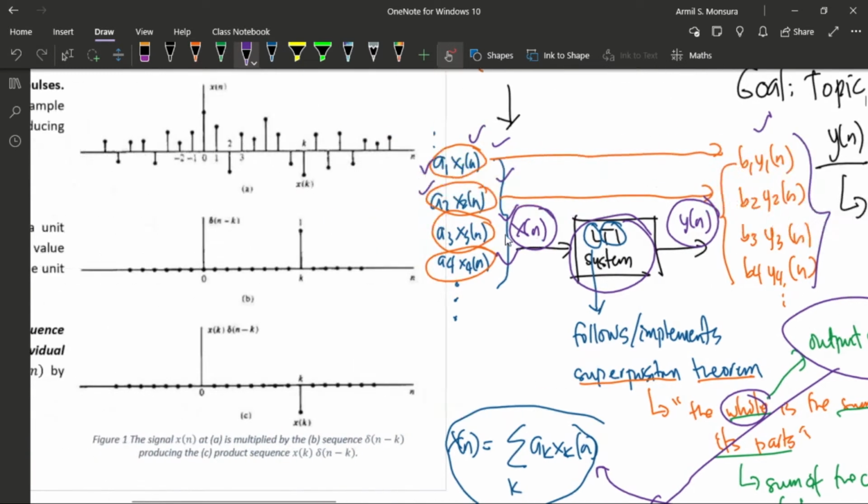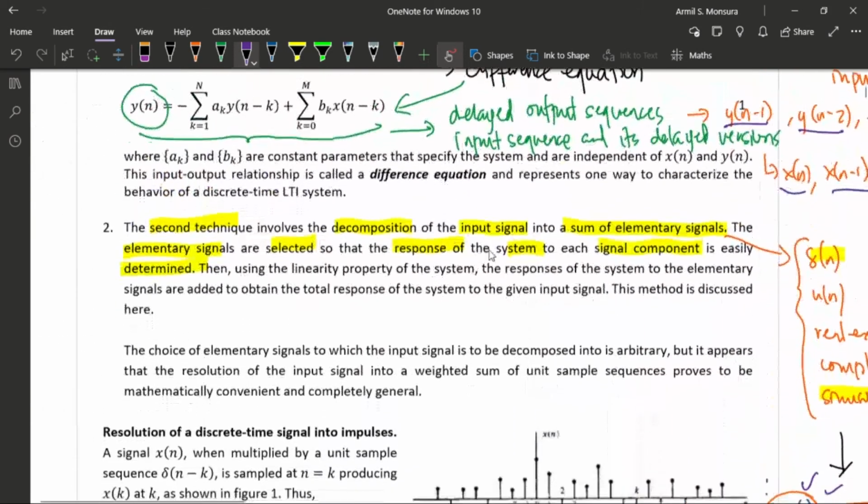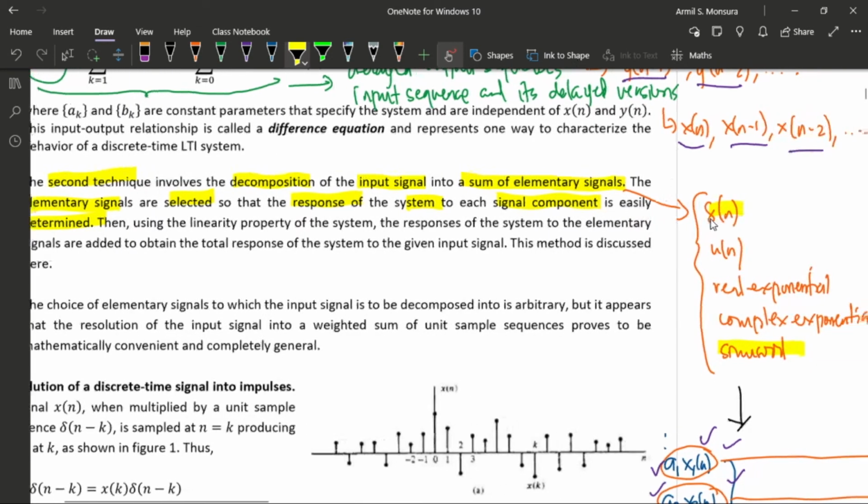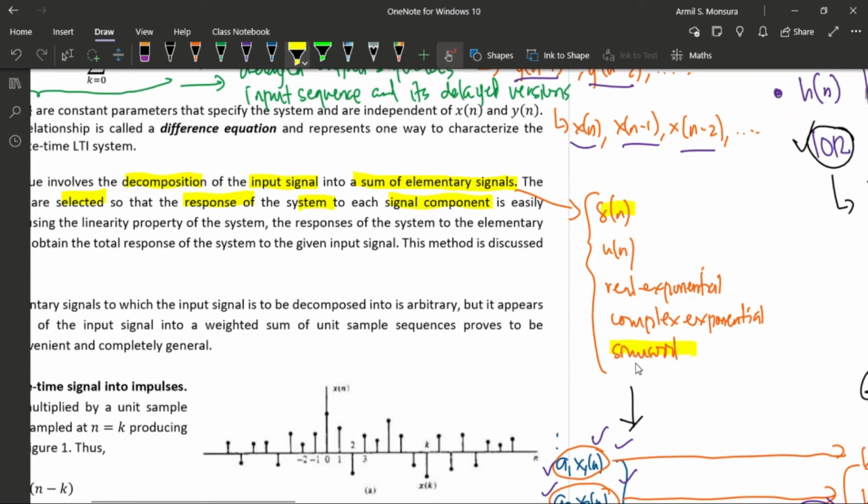So again, that second technique requires us to decompose the signal into a sum of elementary signals. Sabi nga natin dalawa yan, no? Delta n at saka sinusoid. At ang paggamit ng delta n at saka sinusoid as your component signals has a purpose.